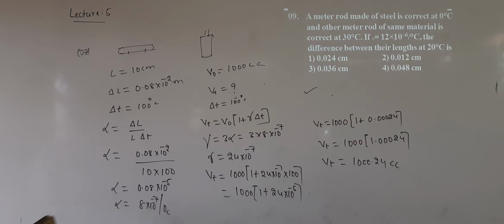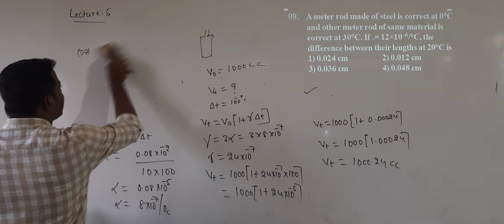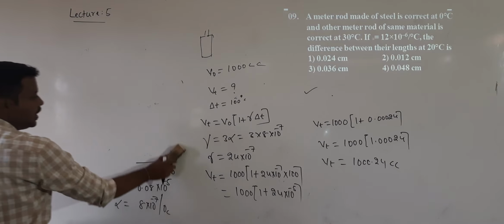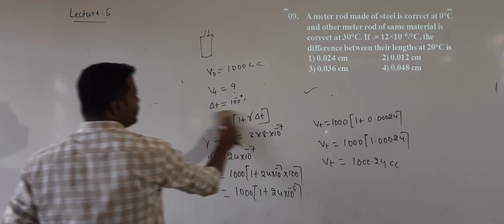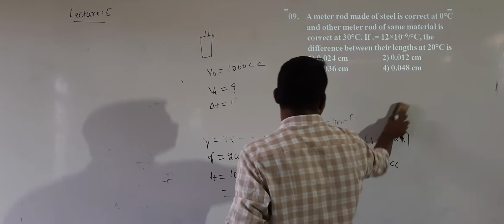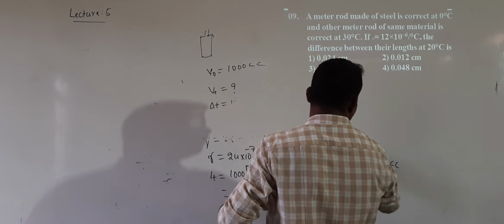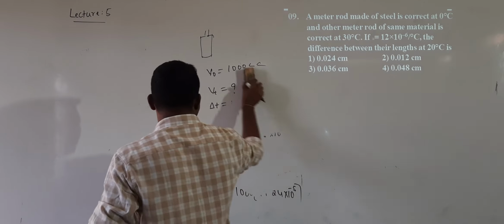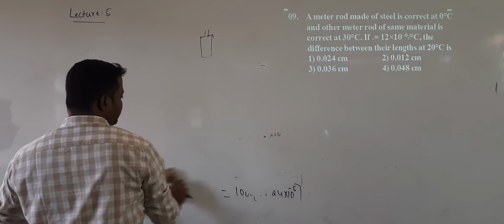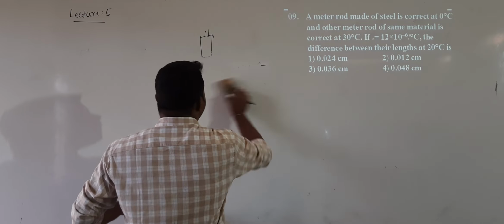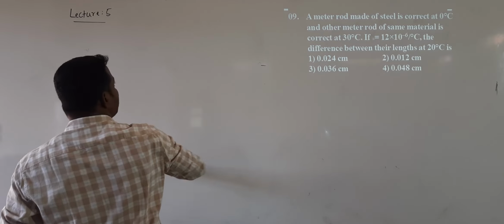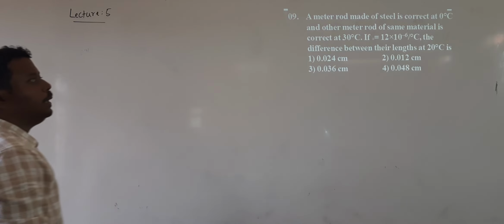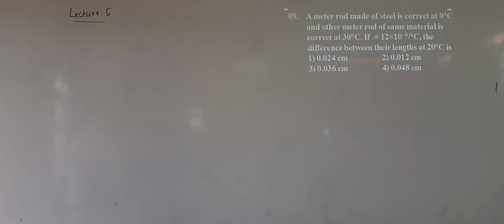Next question, question number 9. What is the question number 9? A metal rod made up of steel corrected at 0 degrees. Another metal rod of same material corrected at 30 degrees.